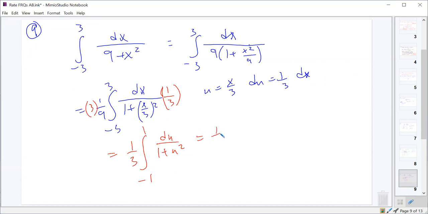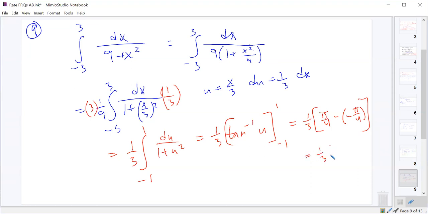And so this becomes 1/3 inverse tangent u, evaluated from -1 to 1. The inverse tangent of 1 is pi over 4 minus the inverse tangent of -1, which is -pi over 4, gives us 1/3 of pi over 2, which is pi over 6, which appears to be choice C.